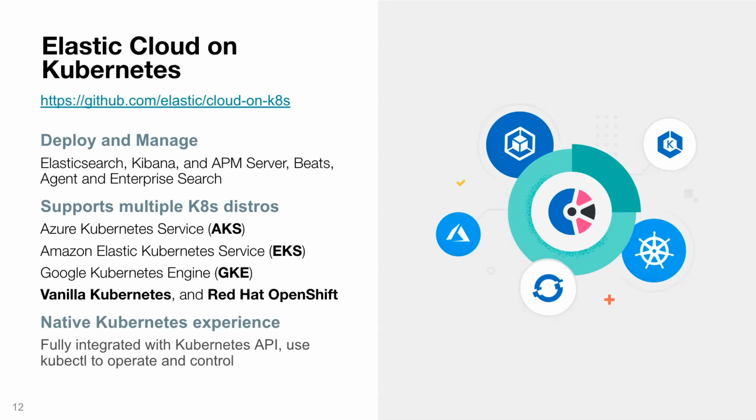And we support many of the Kubernetes distributions that are out there. It extends the Kubernetes experience with a native experience using the Kubernetes API. So you use kubectl to operate and control your Elasticsearch cluster and components.